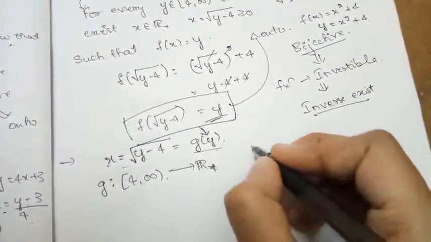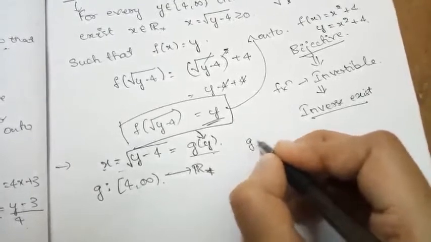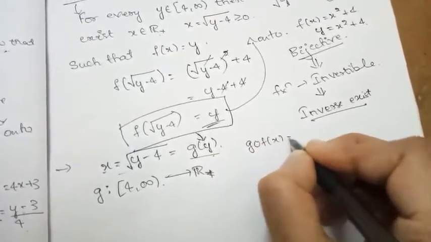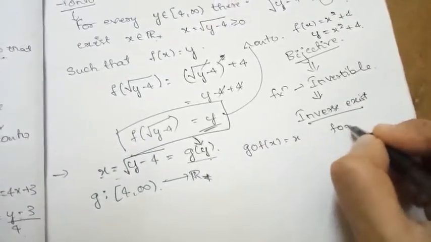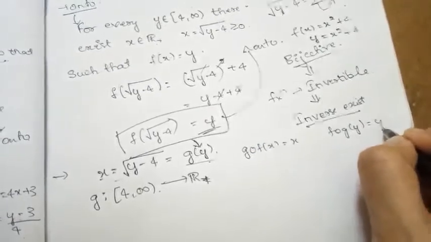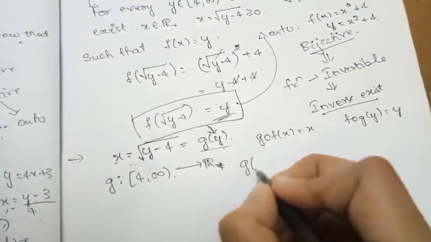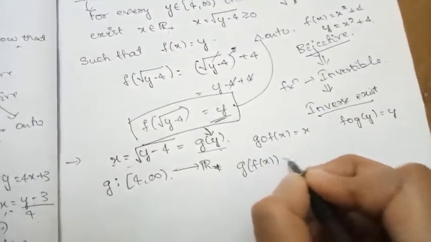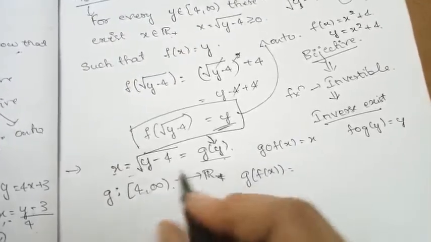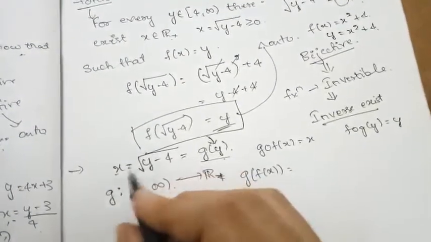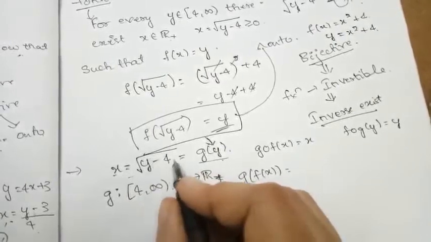Now what we need to prove? We need to prove gof of x is equal to x and fog of y is equal to y. So let us prove that. Gof of x means g of f of x. So g of y is square root of y minus 4.